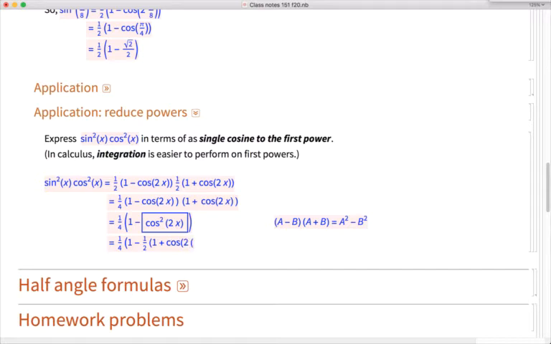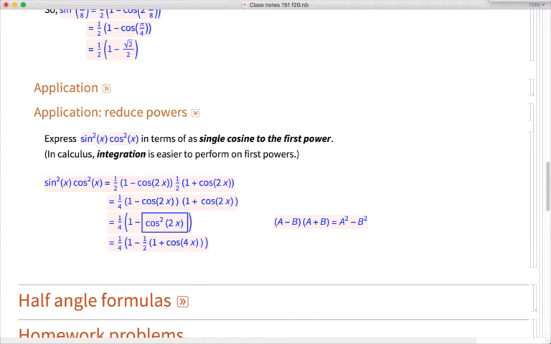Now our angle is 2x, so when we double that, we are going to get 4x. I think I have the correct number of parentheses there. We could definitely try to simplify that a little bit, but we've met the letter of the law. There's a single cosine in here, and it's to the first power.